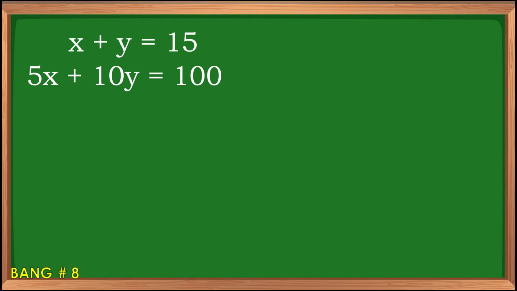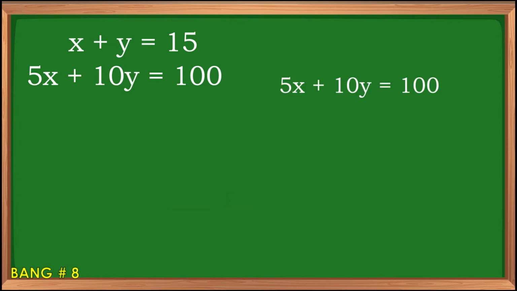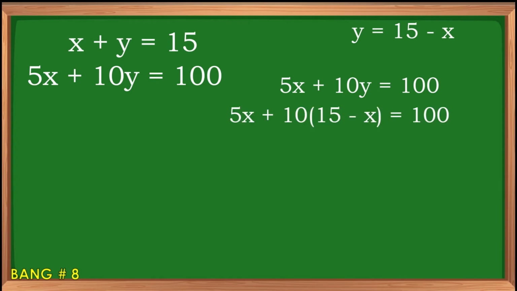Solve for y in terms of x in equation 1. y is equal to 15 minus x. Substitute 15 minus x for y in equation 2. So we have 5x plus 10 times the quantity 15 minus x is equal to 100. We got 5x plus 150 minus 10x is equal to 100.